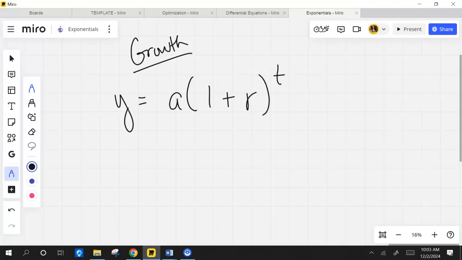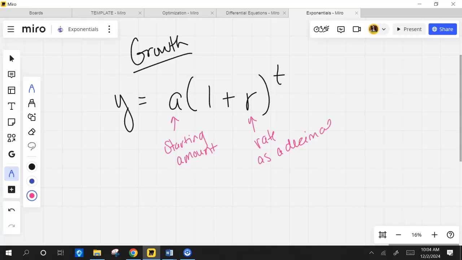And a couple things about this formula. Your A is still the same, okay? Notice there's a T in here instead of an X. Let me tell you what all of these things mean. A is your starting amount. R is your rate as a decimal.